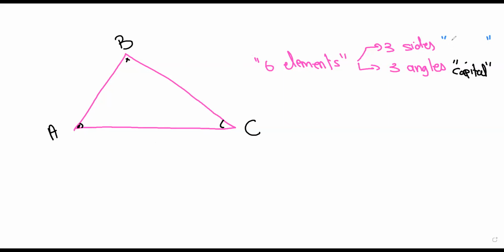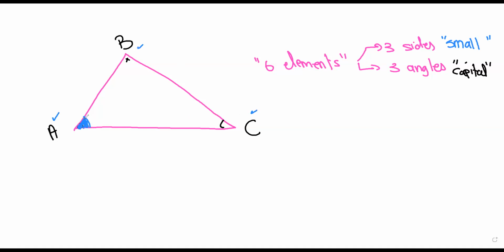The sides are labeled by small letters. We choose small letters for the sides, but not just any random small letters. Please be careful about this part. For sides, we select small letters, but not any random small letters. We select these 3 exactly, but in the smaller case.